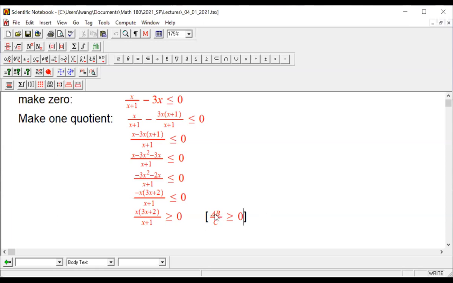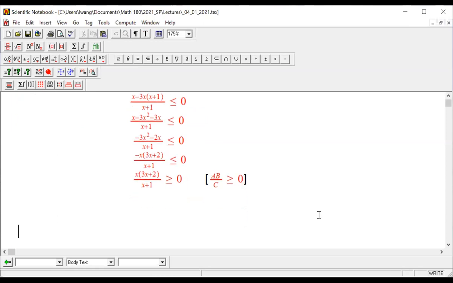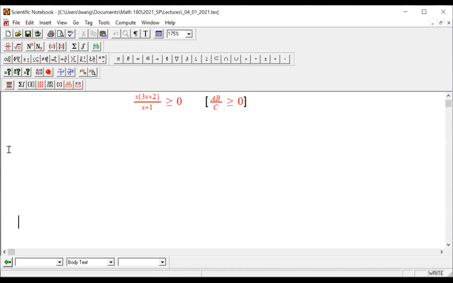If you have positive, positive, positive, you get positive. If you have positive, negative, negative, you get positive. Negative, negative, positive again. So you have all these cases. Do you guys follow me? So what do we do? Sign of x. Okay, so we can start with the sign of x.